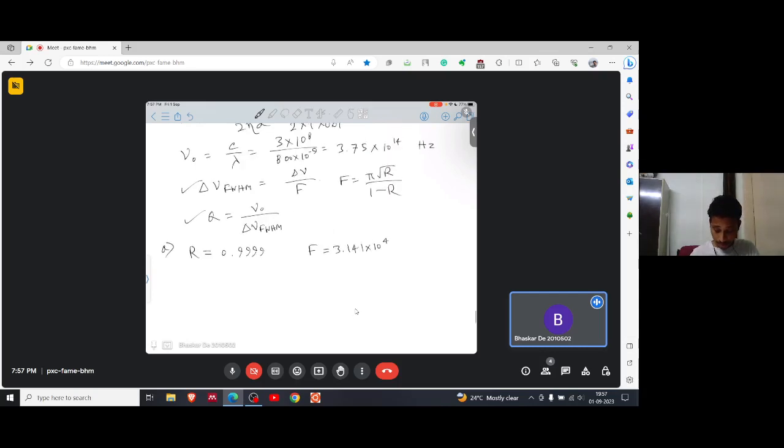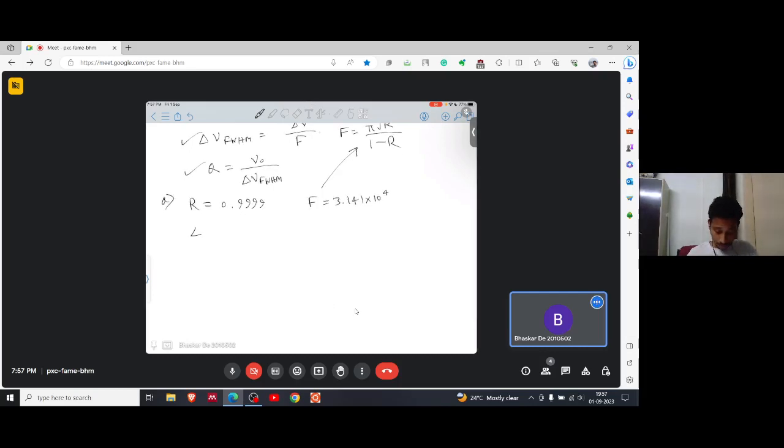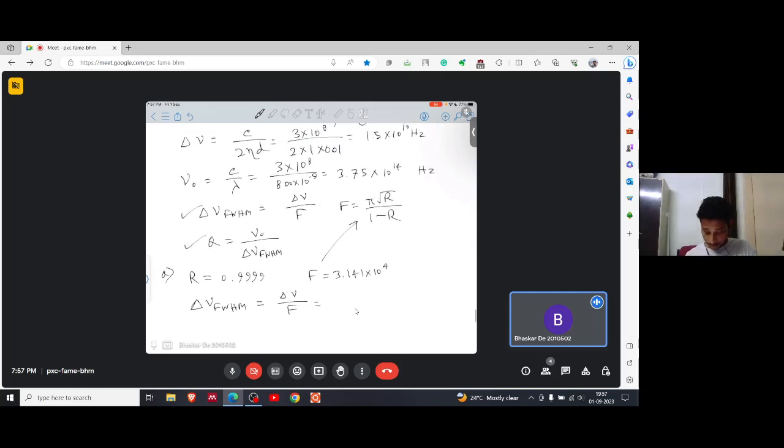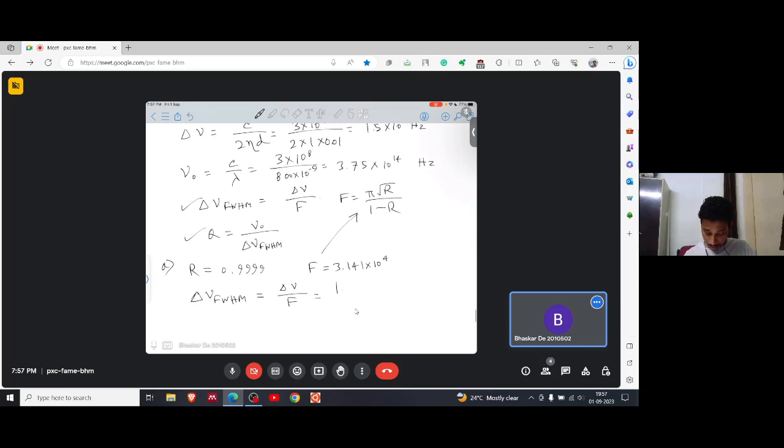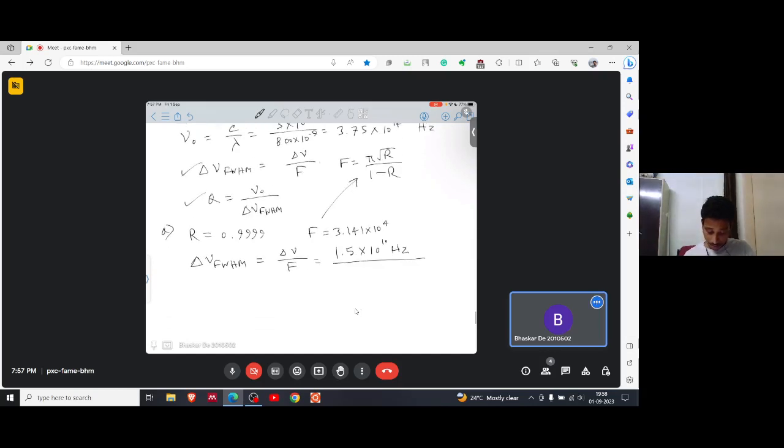This is calculated from this particular formula, where we put the value R equal to 0.9999 and obtain the value of F. Then delta nu FWHM equals delta nu by F. So delta nu was 1.5 into 10 to the power 10 hertz divided by F, 3.141 into 10 to the power 4.